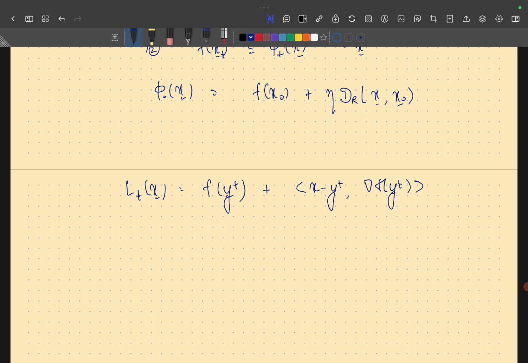And phi t plus 1 is just going to be a convex combination of phi t and LT.